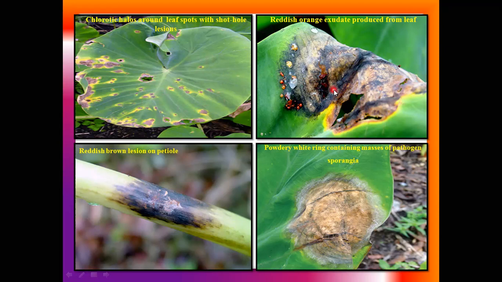Okay, these irregular spots have yellow borders.